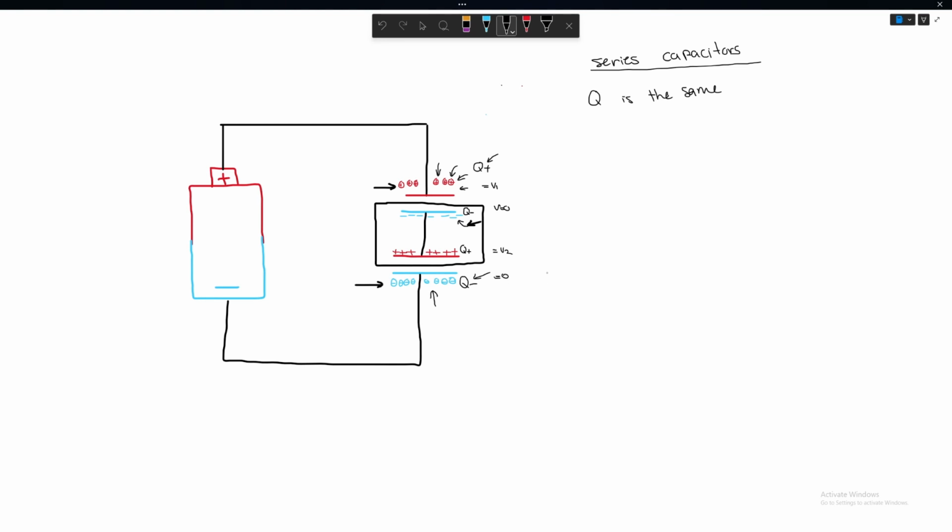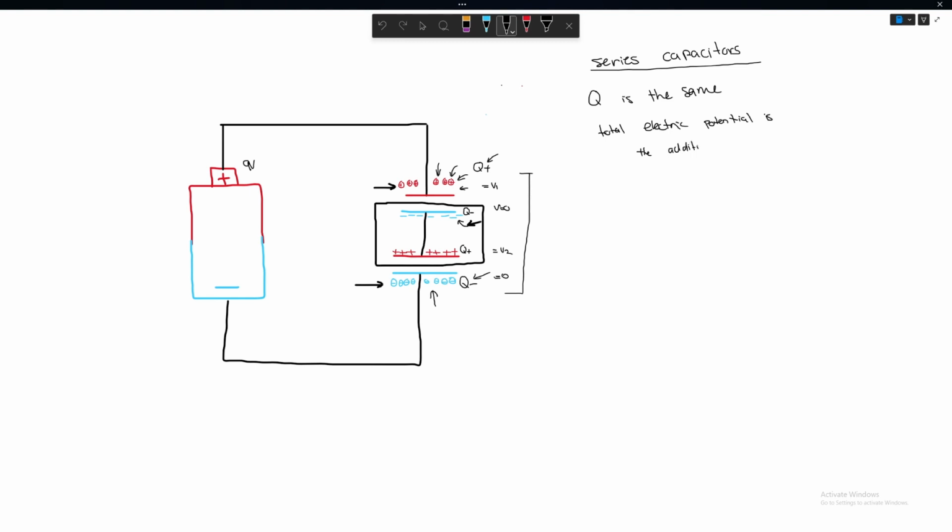And so as you can see here, the total potential difference, here we have 9 volts. Then this gets separated into 2 sections. And therefore, the total electric potential is the addition of both electric potentials.